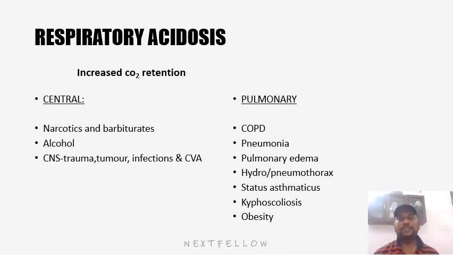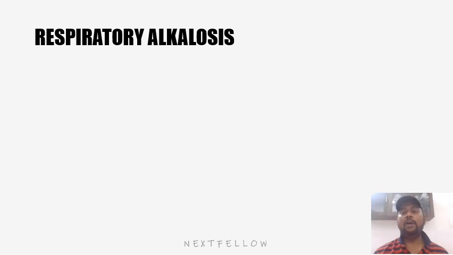On the other hand, respiratory alkalosis can happen because of hyperventilation. Acidosis is due to hypoventilation, due to accumulation of carbon dioxide, whereas alkalosis is due to hyperventilation. More carbon dioxide will be washed out from the body, and thus it can lead to respiratory alkalosis.